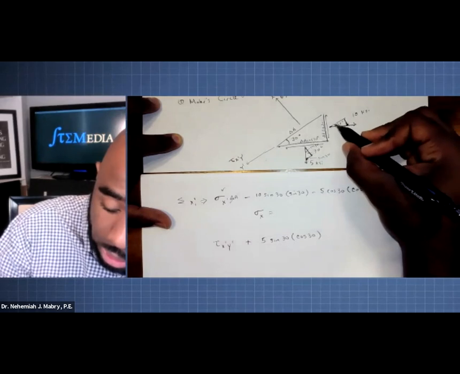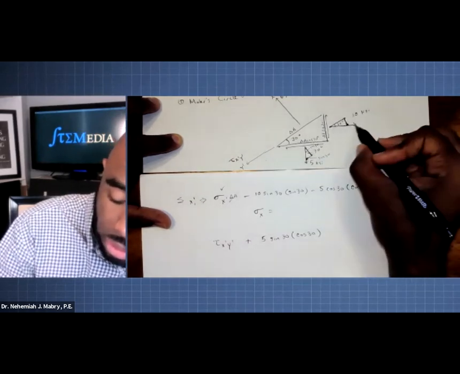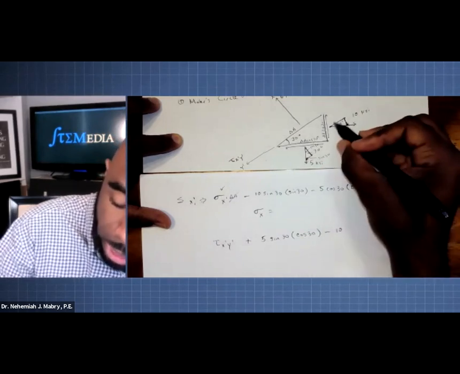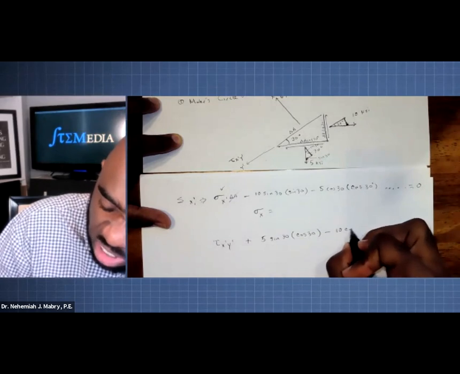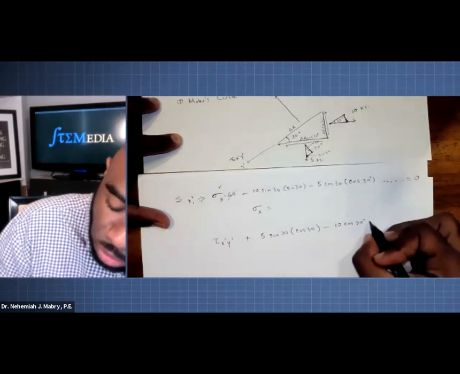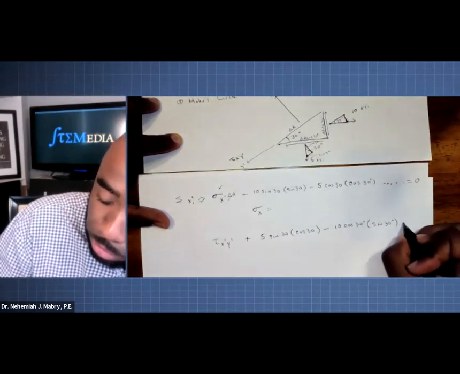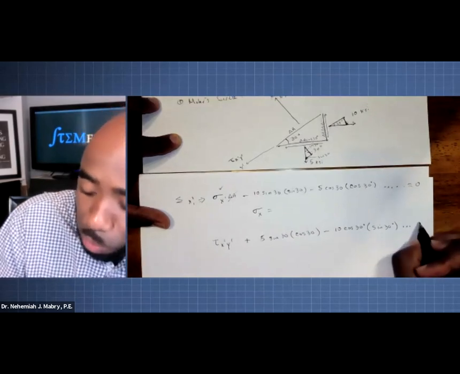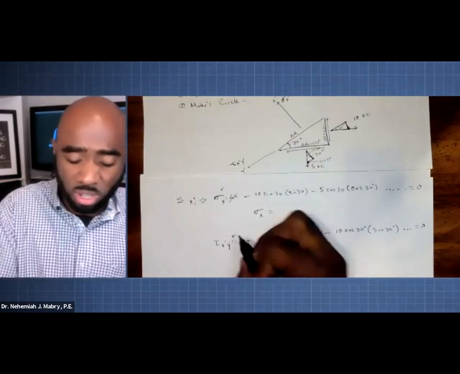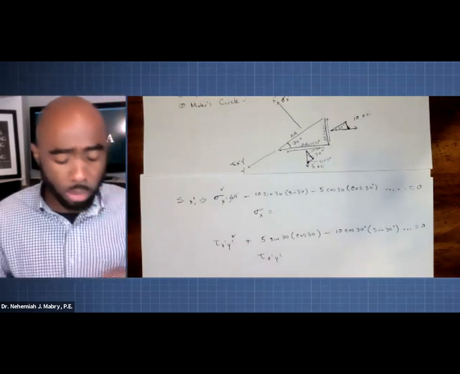And then this component over here is going that direction, so this is going to be minus 10 times cosine 30 times that face, which is sine of 30. So forth and so on. Make sure you have every component, set it equal to 0, then you're going to ultimately solve for tau sub X prime, Y prime.